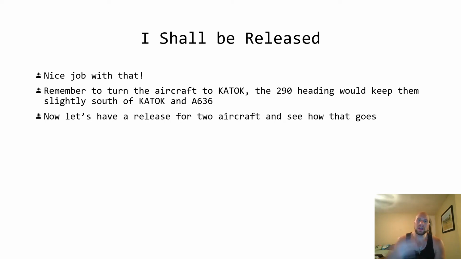Can you imagine if every aircraft that checked on with you when you're really busy gave you a full, long story about what they're doing, what their intentions are? No. You're a professional, you got this. You're D8 or you're R8, and you know that you assigned 290, so just remember to turn them back. That's all. That's what that little soapbox was for.